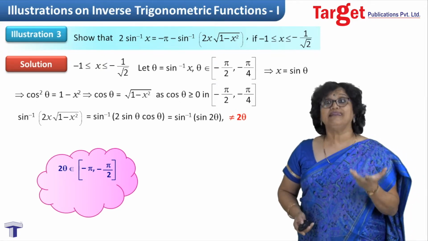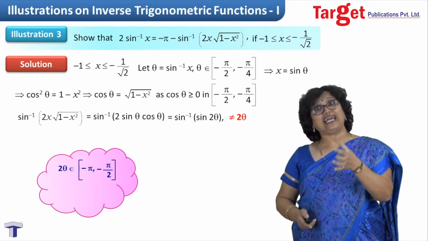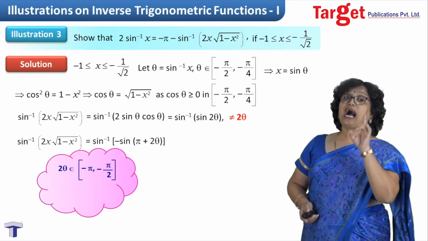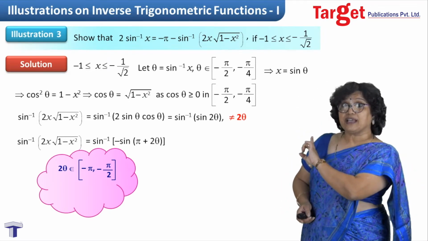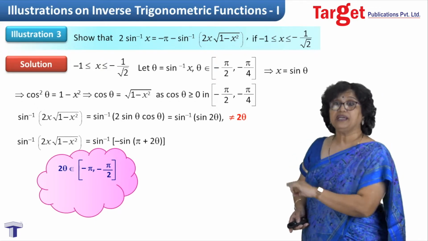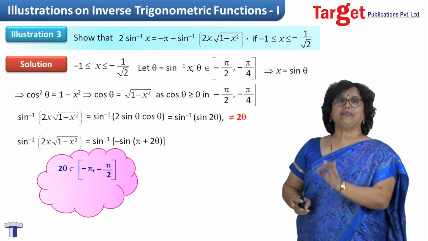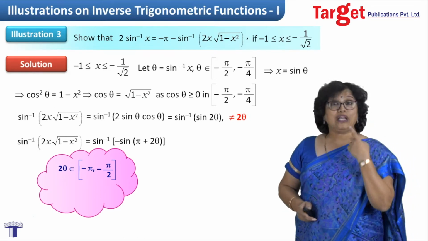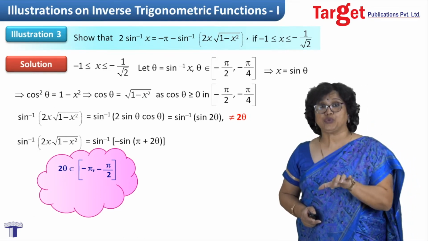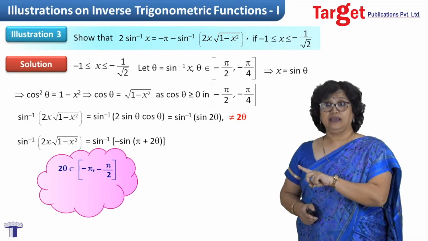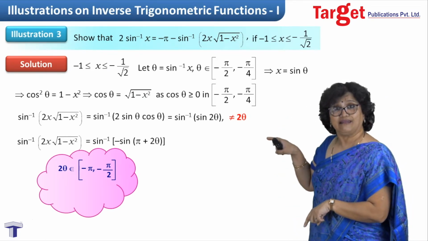So what is the remedy? The remedy is that you try to rewrite sine 2 theta. And now this step is an extremely intelligently written step. I write this as sine inverse of minus sine of pi plus 2 theta. Now, why do I say so? Because sine of pi plus 2 theta is minus sine 2 theta, and outside one more minus sign is written. Right?